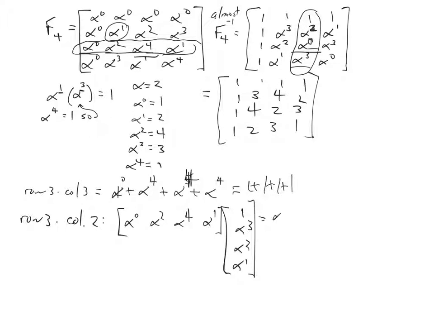You get alpha to the 0 plus alpha to the 5th, which is alpha to the 1, right? And alpha to the 4th times alpha squared, that's just alpha to the 2, and alpha to the 1 times alpha to the 1. Oops, I'm doing something wrong. We know that alpha 4th equals 1. Huh.